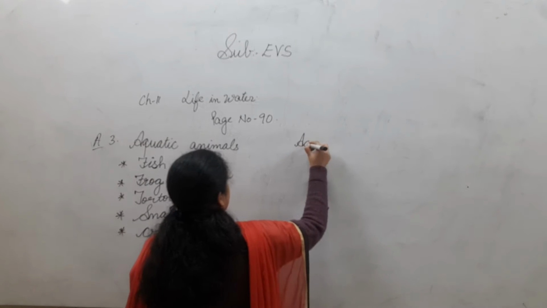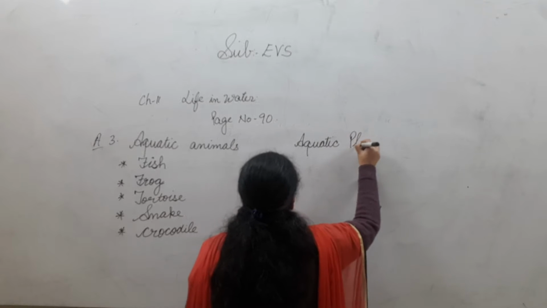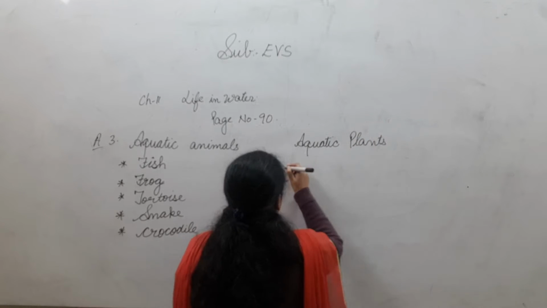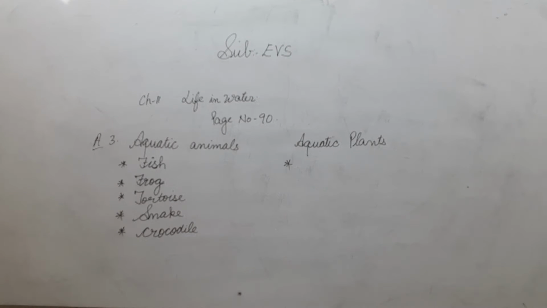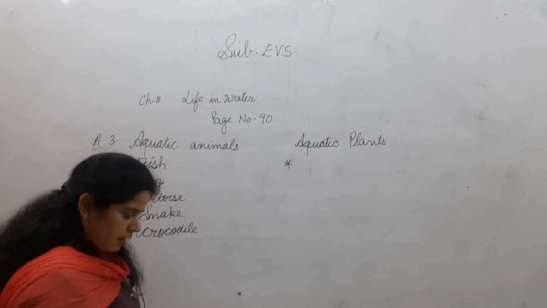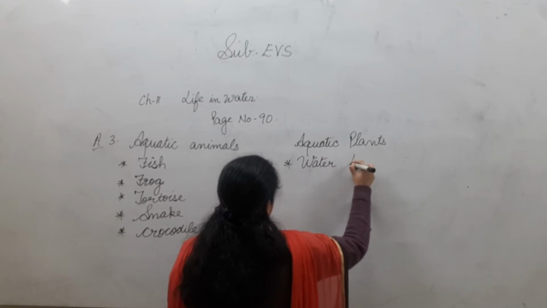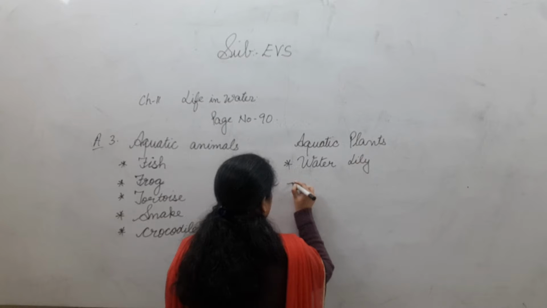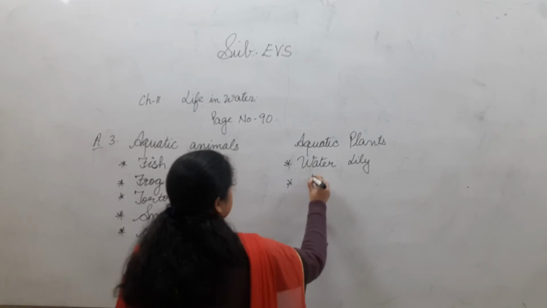Now we will write about the aquatic plants. The first aquatic plant is water lily. Second is lotus.